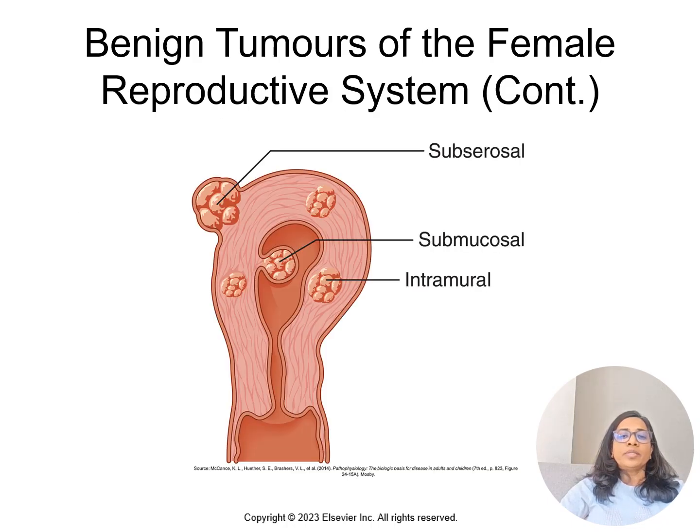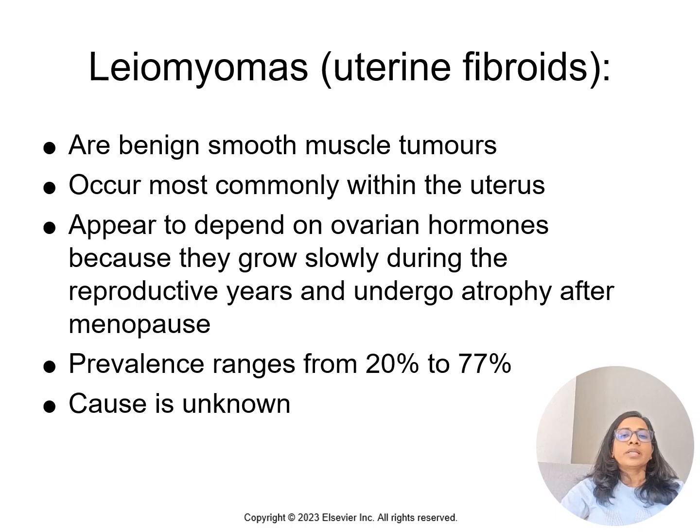Leiomyomas, or fibroids, are an abnormal growth of the myometrium. These are all smooth muscle tumors. That's muscle tumors, or myomas, of the myometrium. It grows abnormally and it's called leiomyomas.